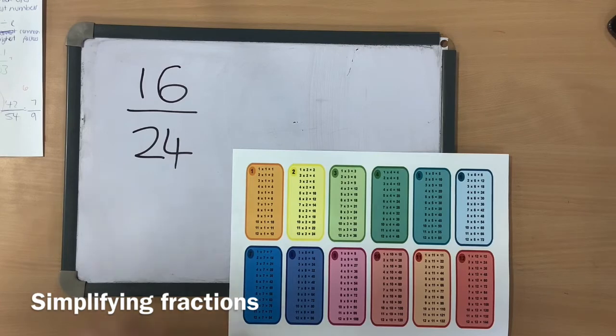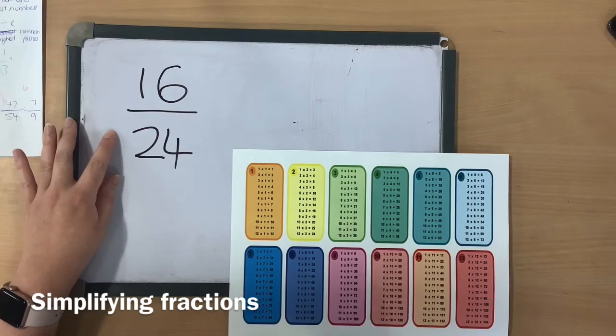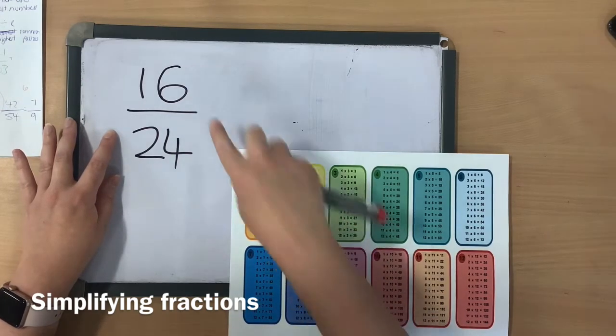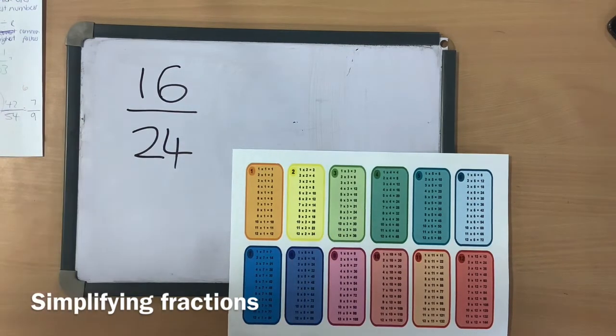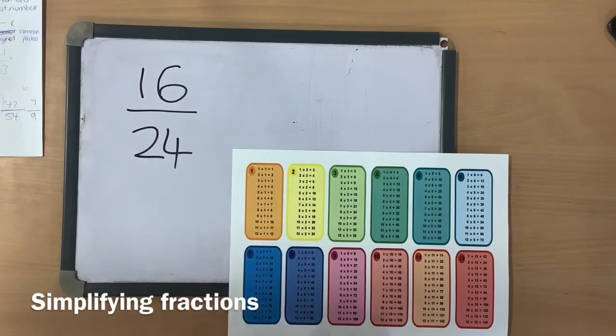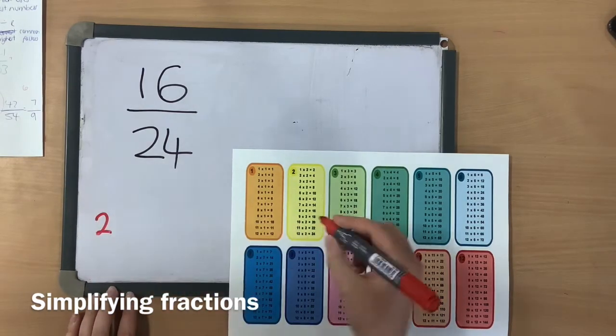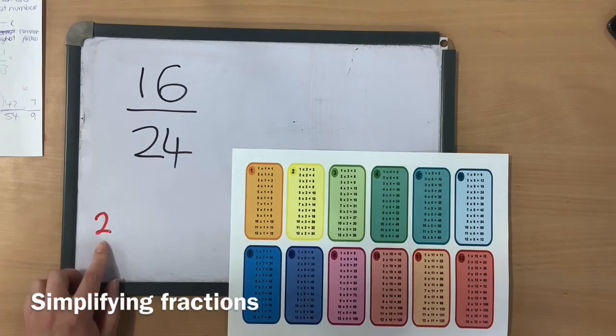So the first thing I need to do is have a look through my times tables and find any factors of 16 and 24. I'm going to go through and see if any of the times tables contain both 16 and 24. Straight away, I can notice that 2 is a factor of 16 and 24, but 2 is quite a low number, so I'm going to carry on looking because I might be able to find a higher common factor.